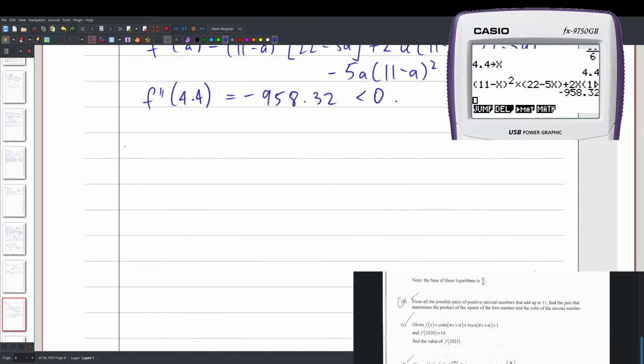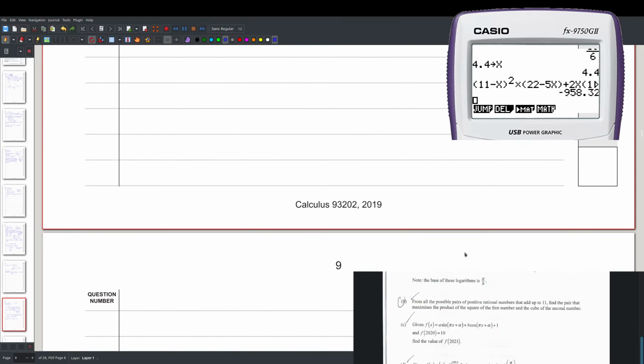Let's go. Hence such a pair is 4.4 and 6.6, something like that. Alright.